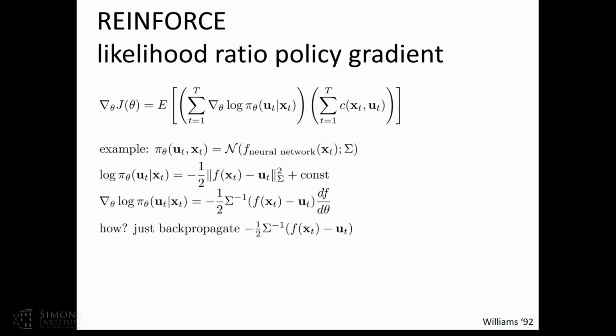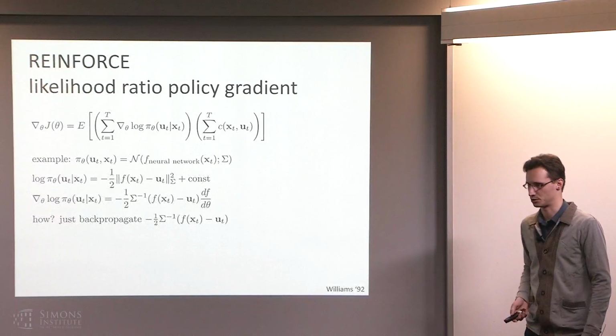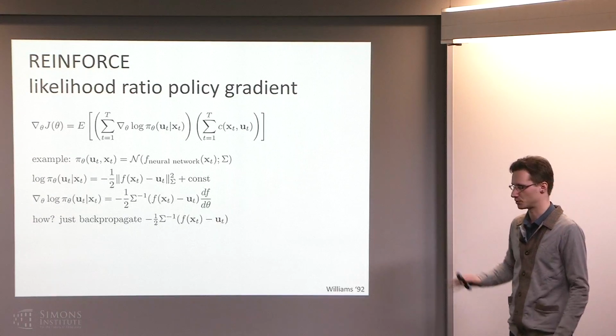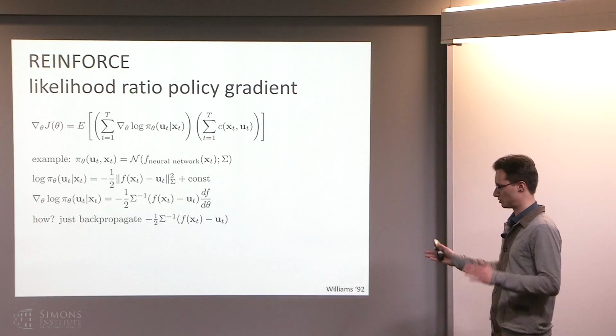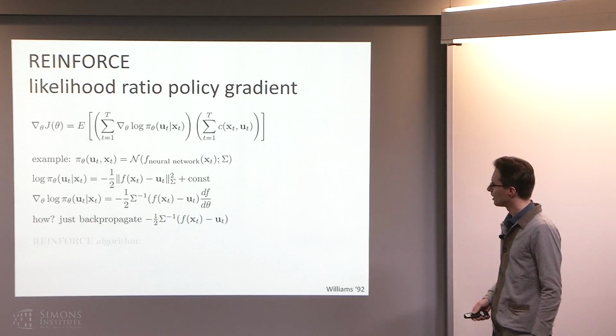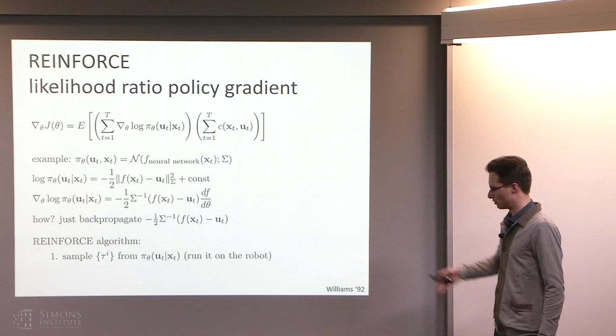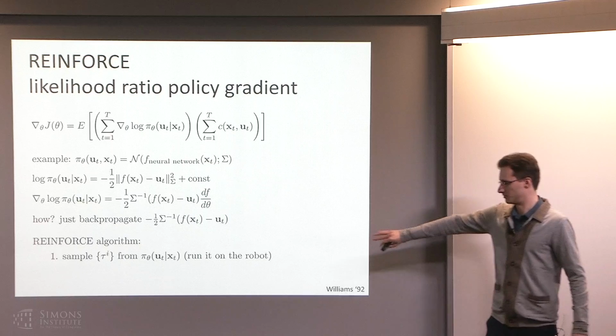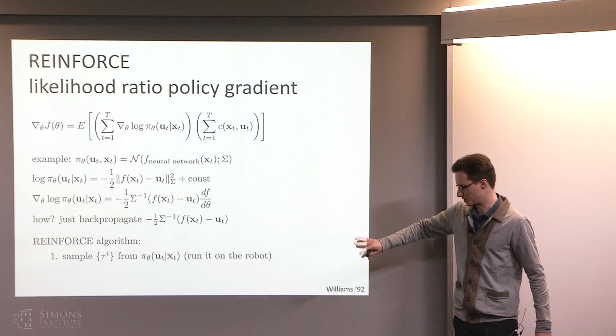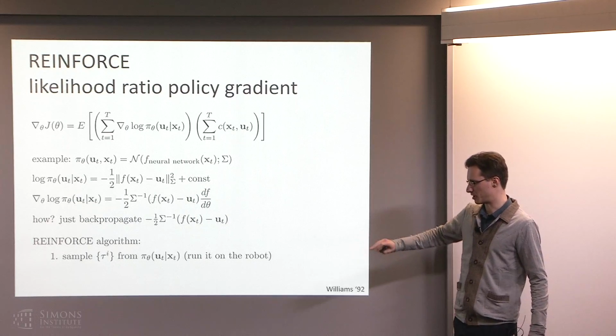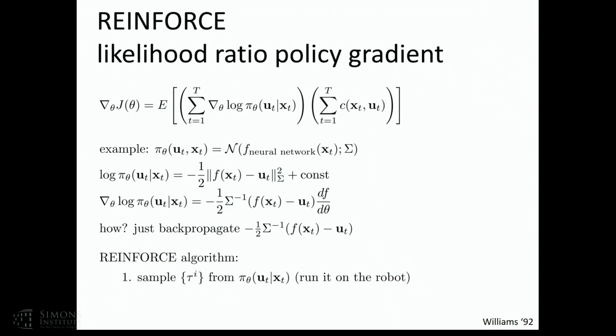And then we can plug this into a standard backpropagation neural net optimizer. So this is all very simple. You can use a standard neural net package for that. So the schematic of this REINFORCE algorithm is just: you sample your trajectories by running your current policy on your physical system, on your robot or whatever.